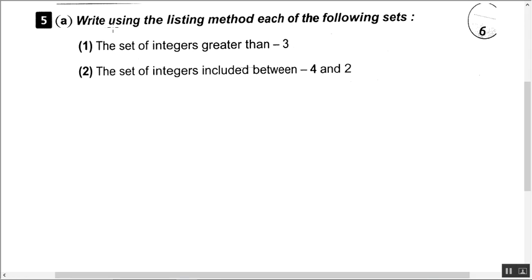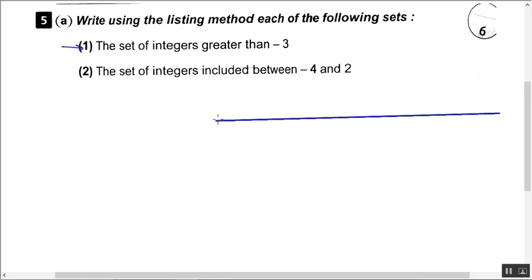Question number 5. He said write using the listing method each of the following sets. Question number A. He said the set of integers greater than -3. We studied before, we have a number line.